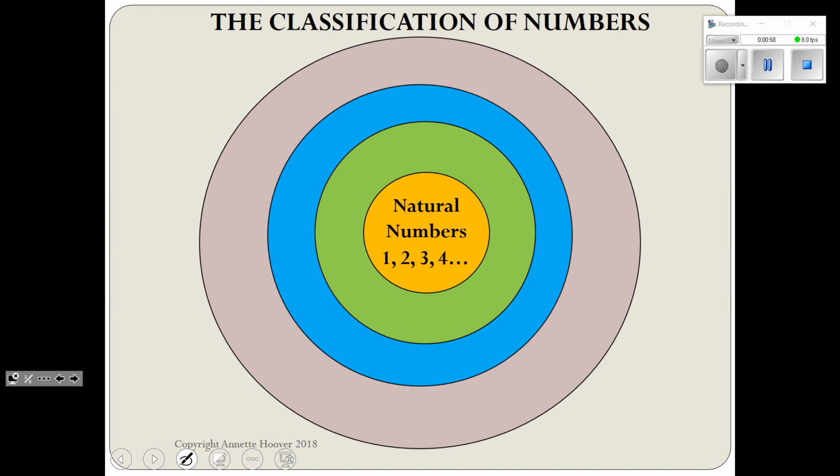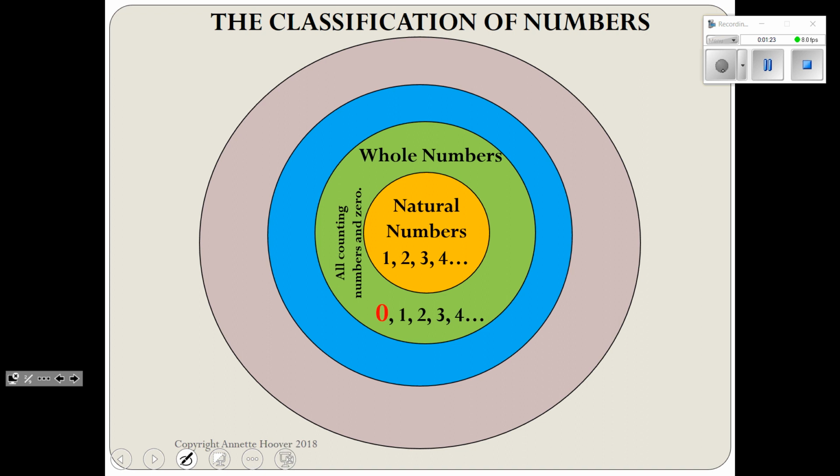3, 4, indefinitely. The next group of numbers, which includes all natural or counting numbers, are the whole numbers. Whole numbers are all of the natural or counting numbers and one more number, which is 0. So the only difference between these two groups of numbers is the number 0.